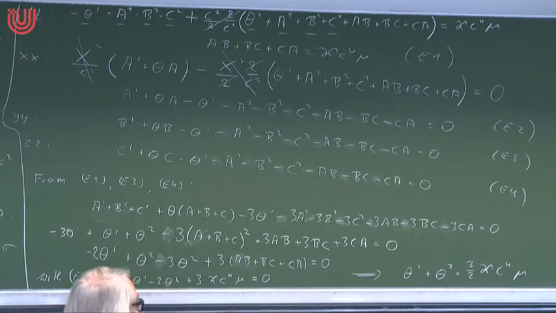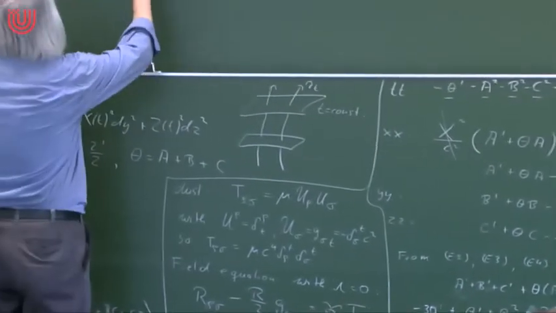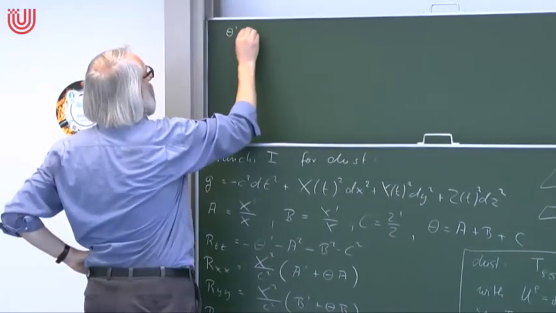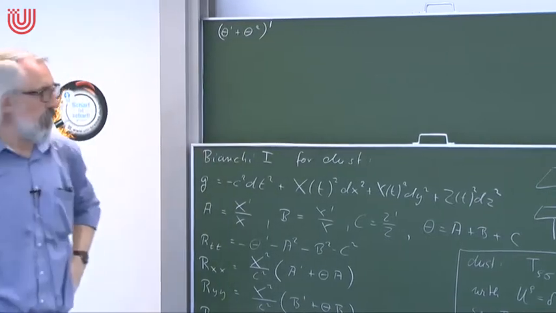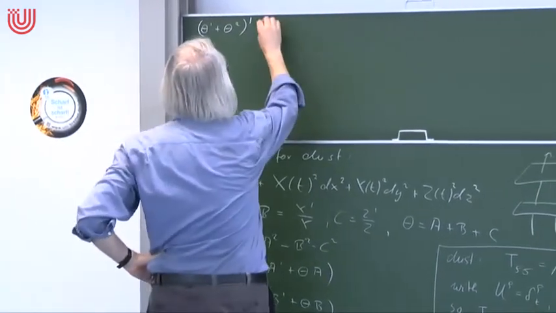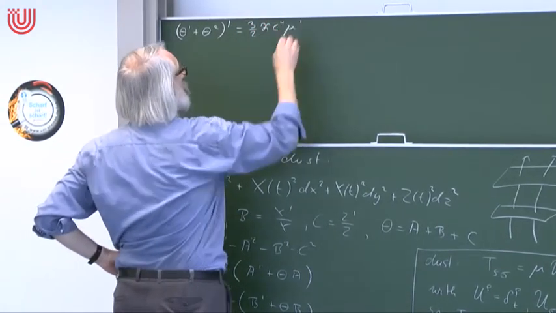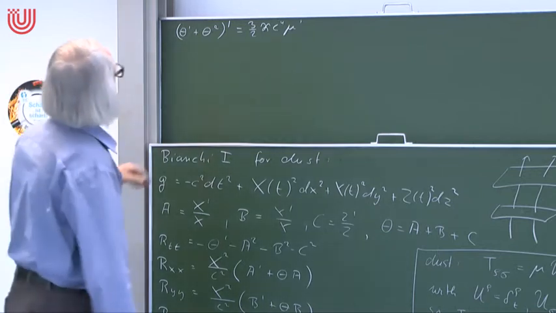So from this equation, if I differentiate this, theta prime plus theta squared derivative, then I get 3/2 kappa c to the 4, which are of course constant. So we get a mu prime. The density is a function of t alone, of course, because we have a homogeneous model. So mu can depend only on t.